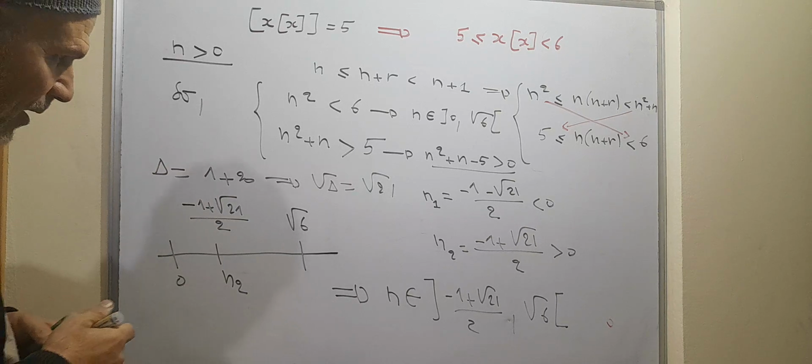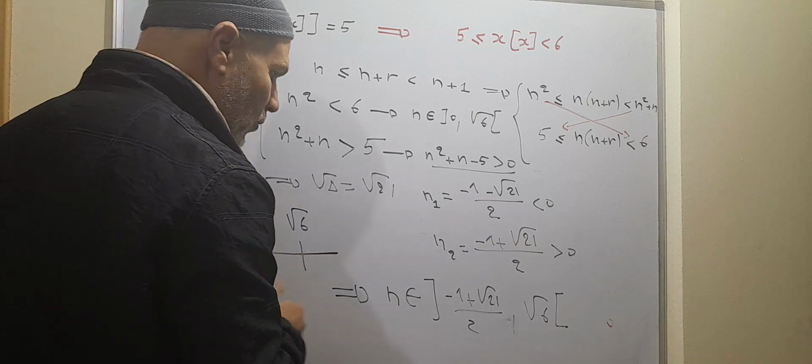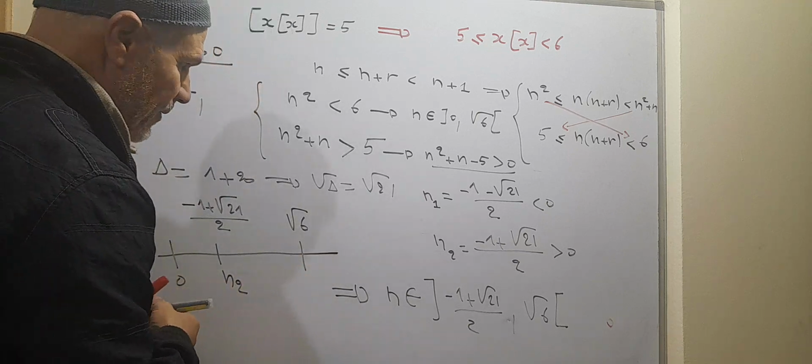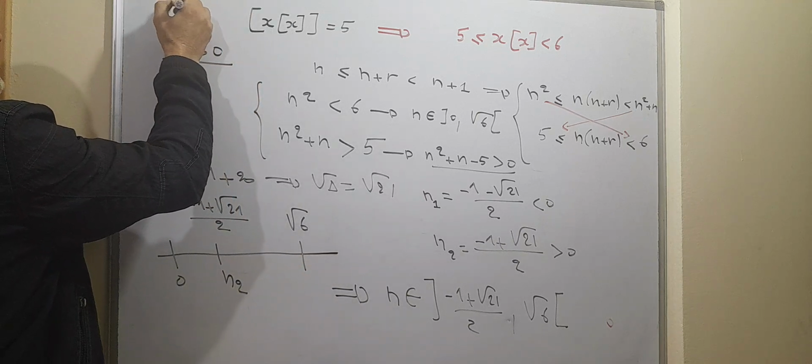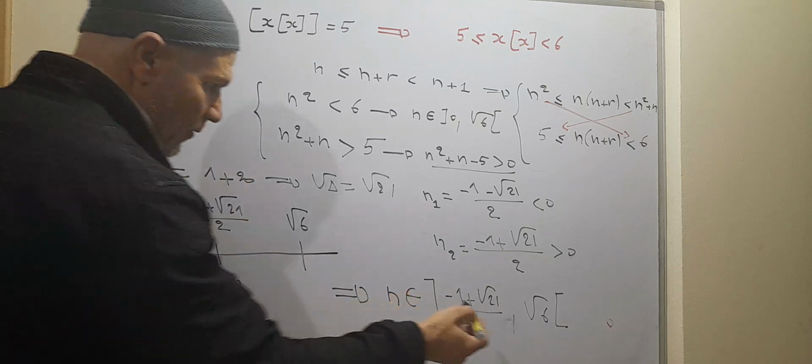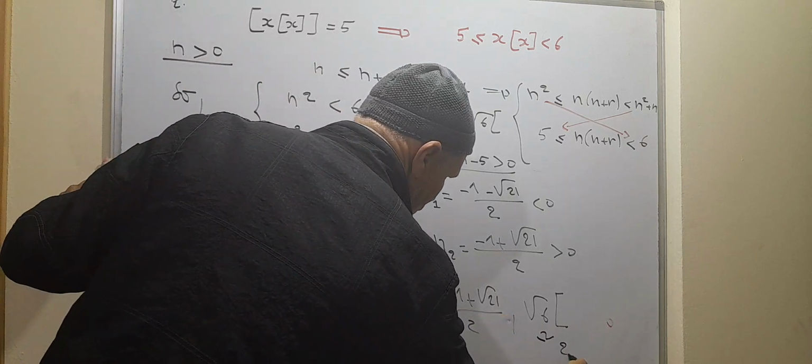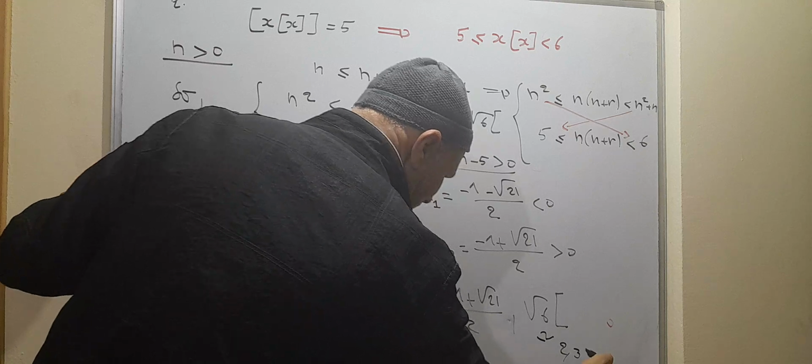The square root of 6 is approximately 2 point something, I think 2.4, like this.